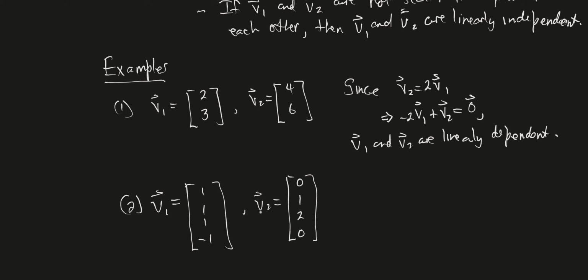So because of that, if I wanted to combine these two to get the zero vector, the only coefficients I could use are 0 and 0, right? So since v2 is not some constant times v1, these vectors are linearly independent.